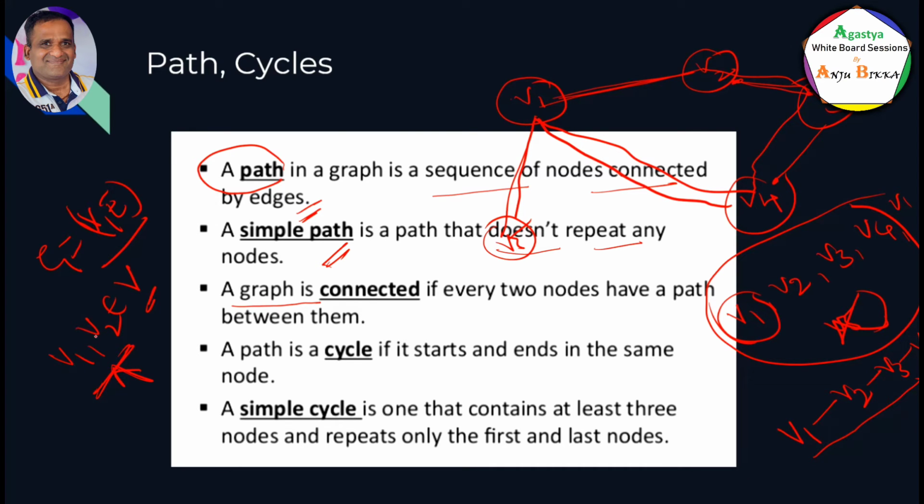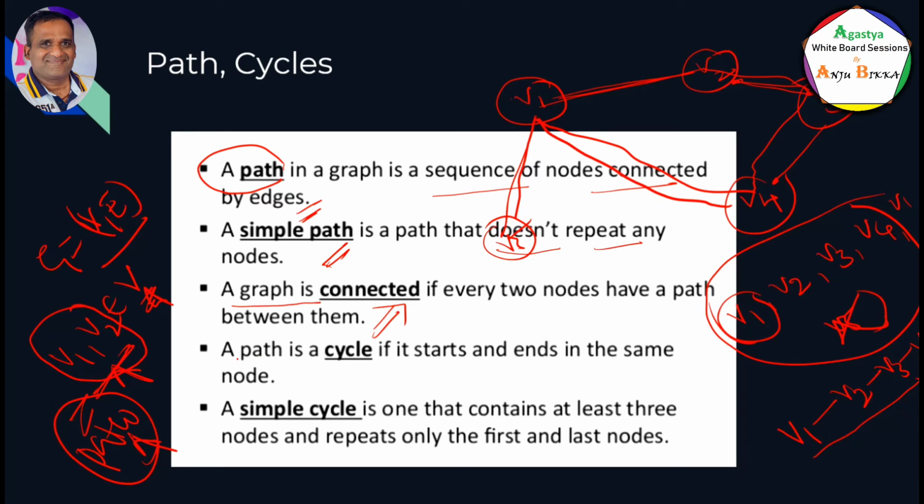Instead of saying edge, we can say there needs to be a path. Not the edge, the path is the right terminology. So for every two nodes belonging to V, if a path exists between these two nodes, then the graph is called a connected graph.